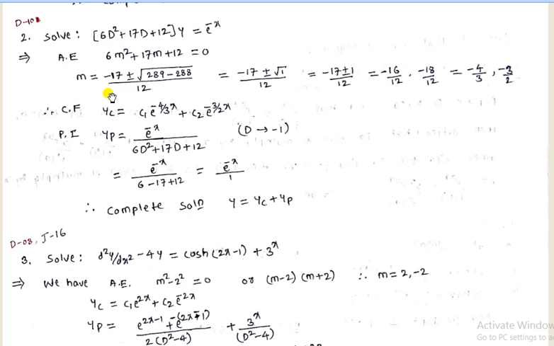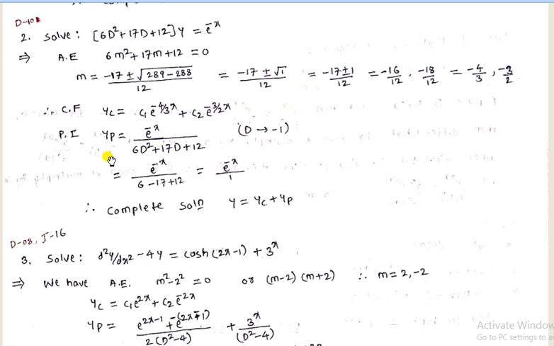After simplifying with the help of a calculator, we get the values minus 4 by 3 and minus 3 divided by 2. Both roots are different, so its complementary function is c1 e to the power minus 4 by 3 x plus c2 e to the power minus 3 divided by 2 x.